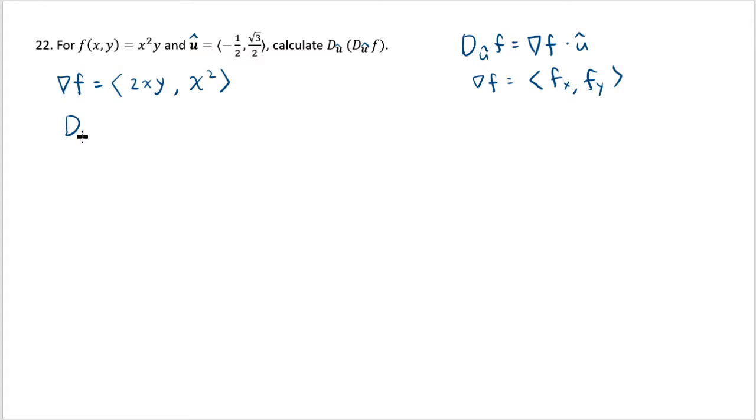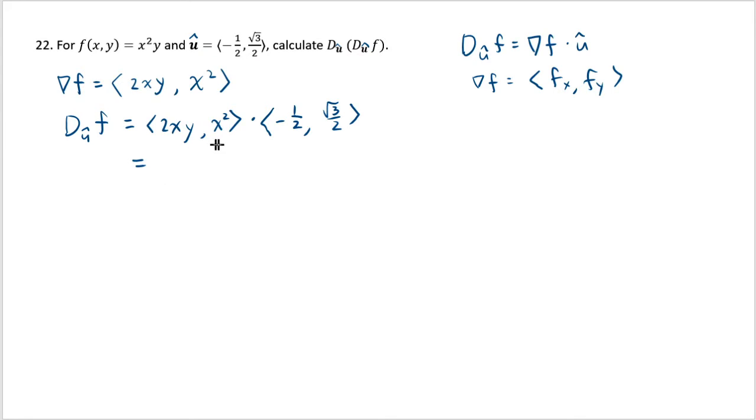So the directional derivative of f would be (2xy, x squared) dotted with this vector, negative 1/2, radical 3 over 2. Okay. Now what is this?